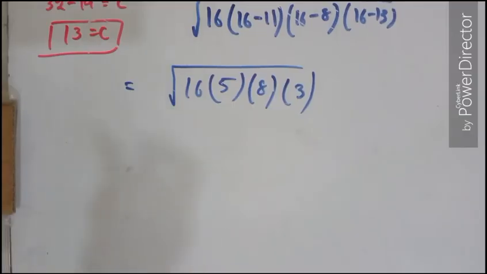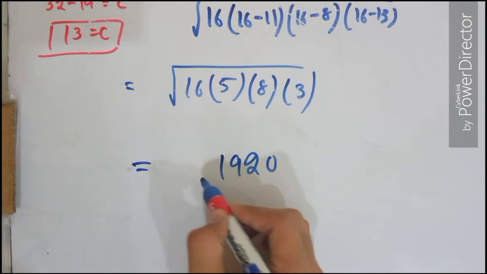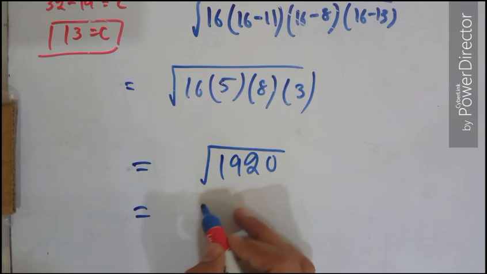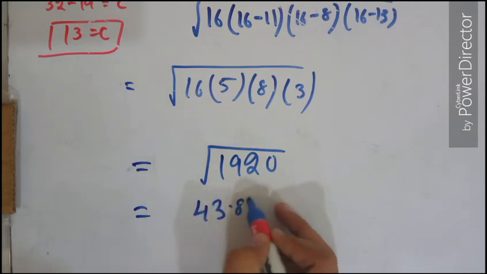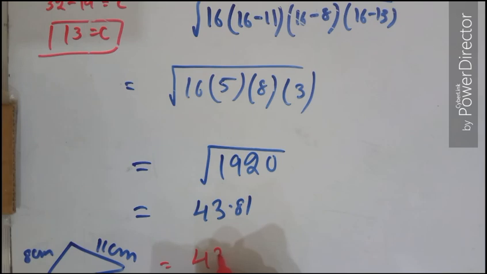Now multiplying this, we have 16 into 5 into 8 into 3, that is equal to the square root of 1920, and the square root value of 1920 is approximately 43.81. So the triangle with the sides 11 centimeter, 8 centimeter, and 13 centimeter has the area equal to 43.81 centimeter squared.